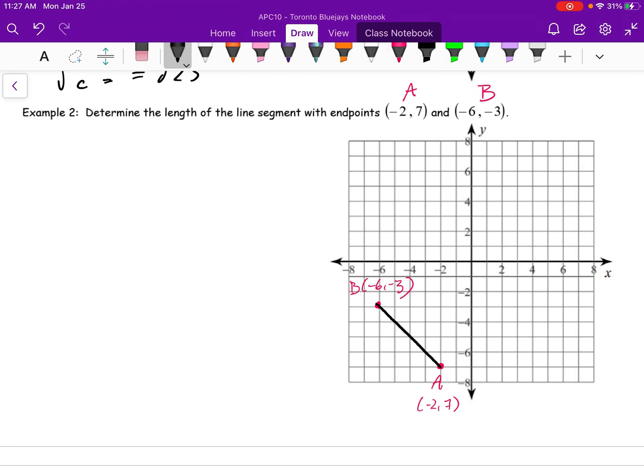All right. So again, I'm going to draw a horizontal line from A that is parallel to the x-axis, and now I can draw a vertical line that is parallel to the y-axis. This makes a right-angled triangle.